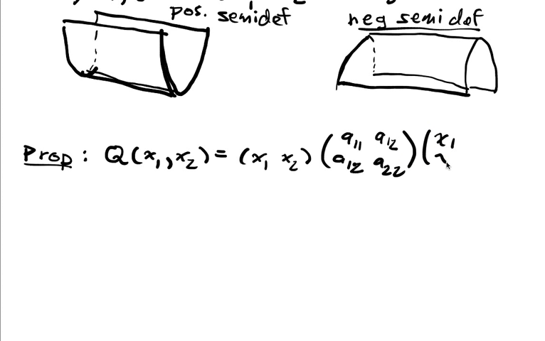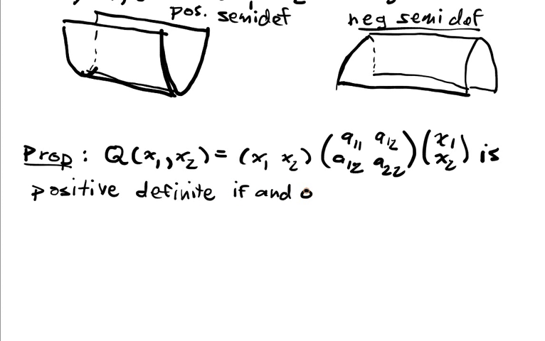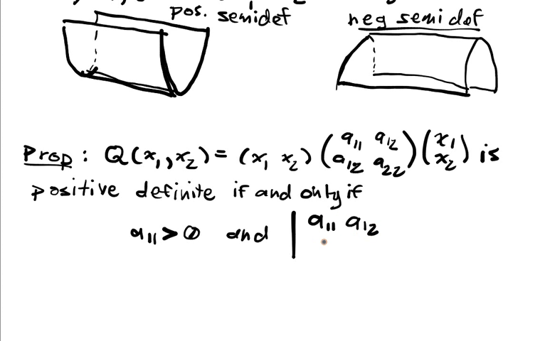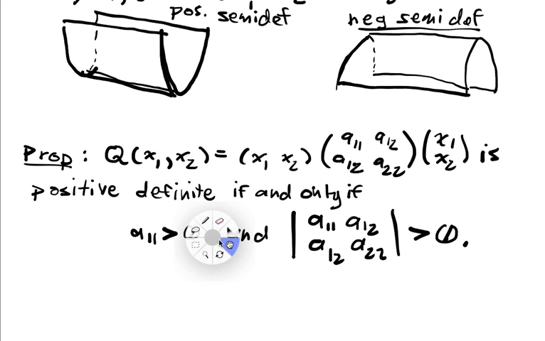Well, this is positive definite if and only if a11 is greater than 0 and the determinant of [a11 a12; a12 a22] is greater than 0. And the proof is not so bad, so let's just go through it.